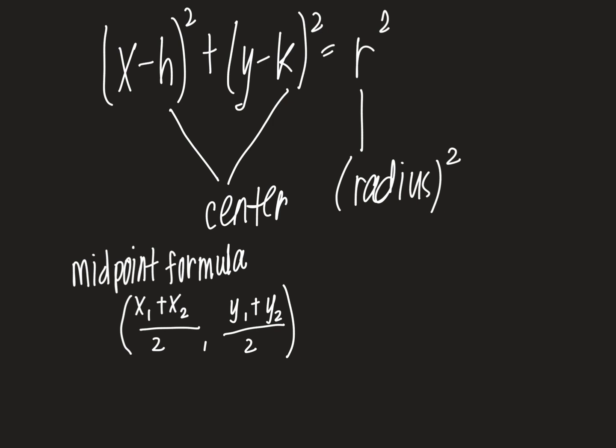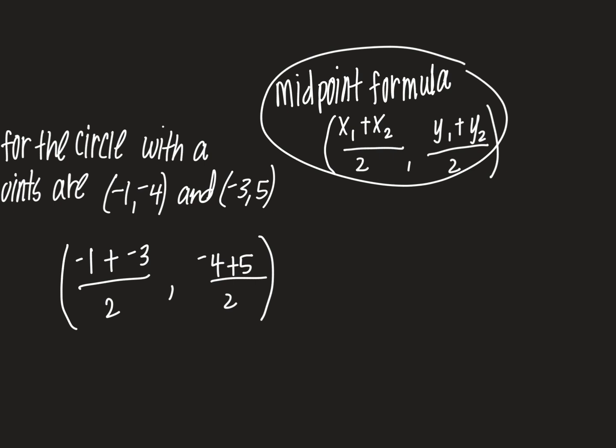And the center is this h and k value. Once I find it, I will replace h and k with the midpoint, with the center. And then the only thing left that I'll have to do is find the radius.